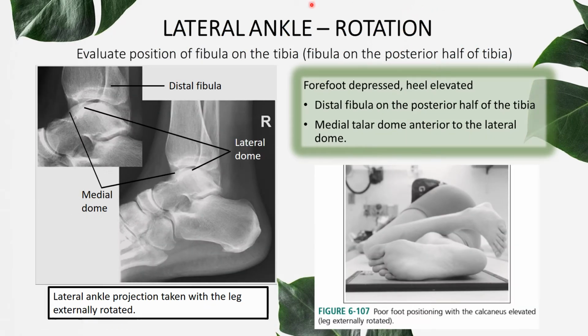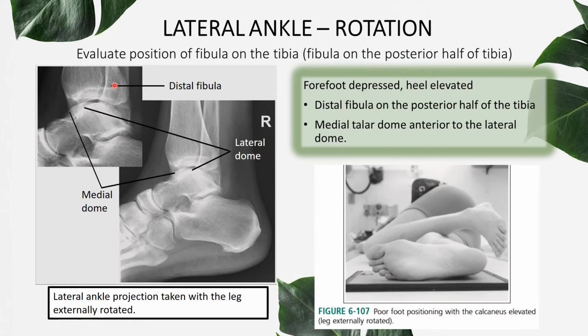Okay, this is the second rotation, which is the external rotation of the foot. As you can see here, the distal fibula is on the posterior half of the tibia, but the medial talar dome is at the anterior part of the image.